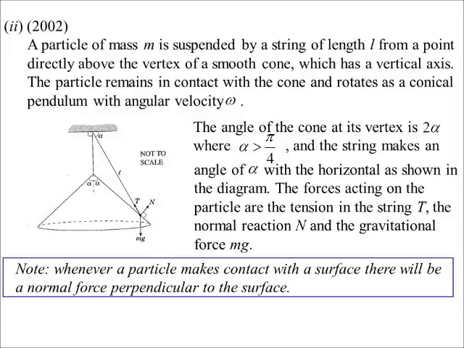So it balances that out. So whenever the particle makes contact, there will be a normal force. They've called it N for normal. As I say, sometimes just R for reaction. Normal force will be at right angles to the surface. So there's the right angle there. So that's another force that's in play in this problem.